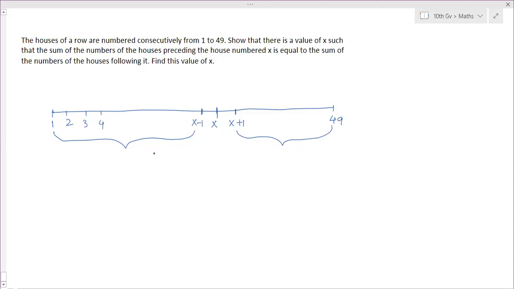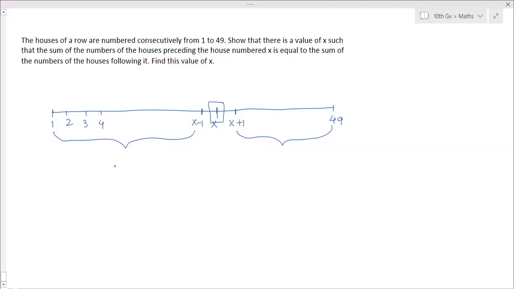So between 1 to 49, one single number exists such that the sum of the house numbers on the left side of it and the sum of the numbers on the right side of it are equal to each other. So we have to calculate this X value. Clear?